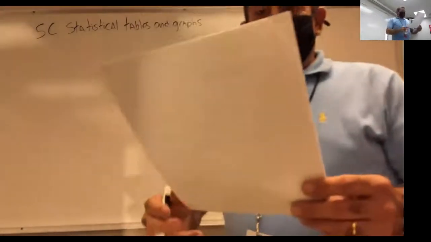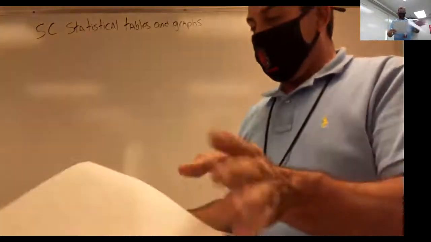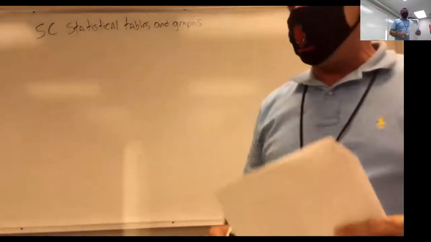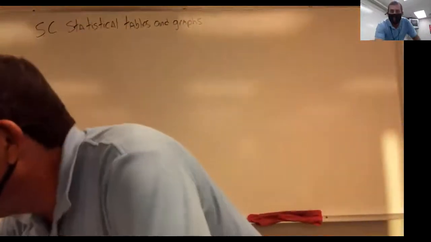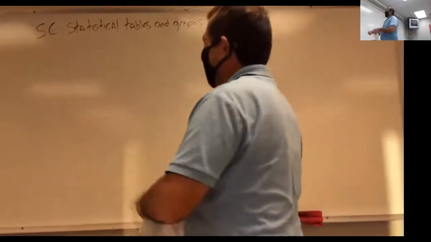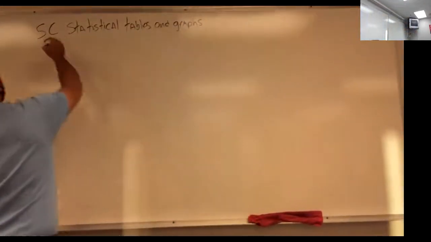The first part of this will be a few definitions, so we can get y'all familiar with data types and binning. I have to keep admitting people. All right, so data types and binning.